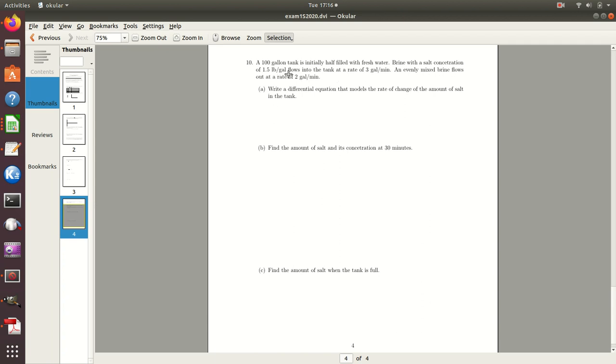Okay, well, then we have to figure out, let's see, oh, into the tank at 3 gallons per minute. Well, if I take 1.5 pounds per gallon times 3 gallons per minute, the gallons disappear, and I get 4.5 pounds per minute. Oh, that's the right kind of units, and that's what's coming in.